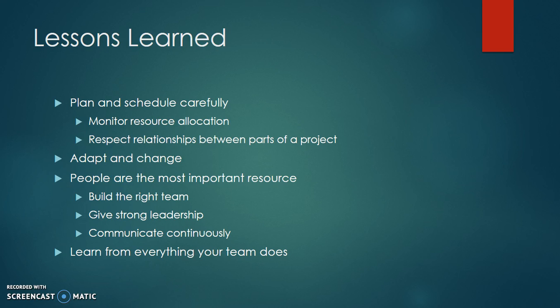And then that includes communicating continuously with them, communicating with them on anything that is changing, communicating with them on anything that they are not doing to your expectations or to the expectations of the stakeholders of the project, so that we can get things back on track. But also communicating with them on their successes, so that they know they're on the right track and they will stay happy, productive workers for you as well.